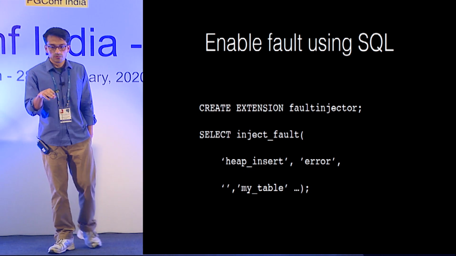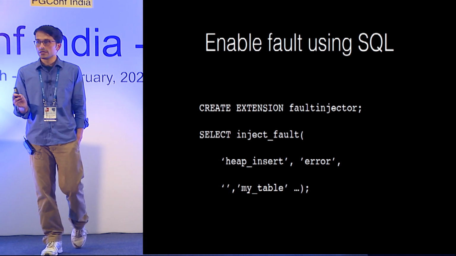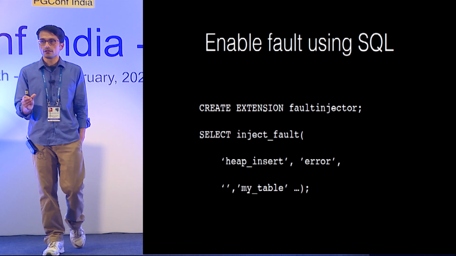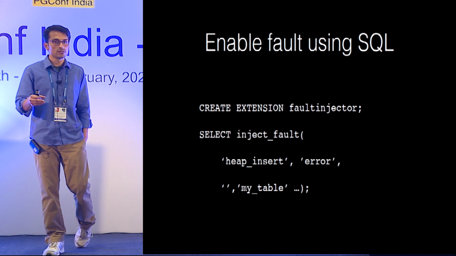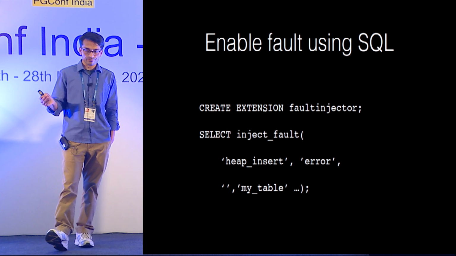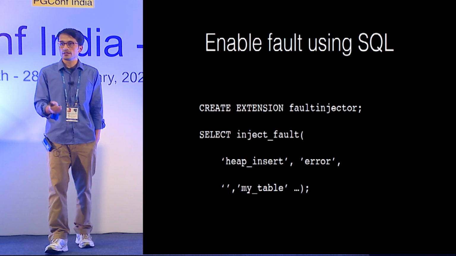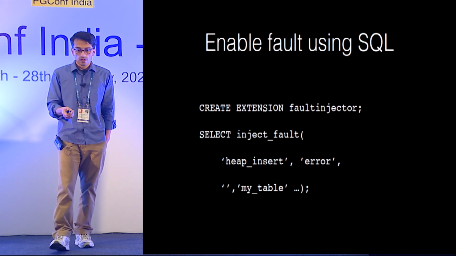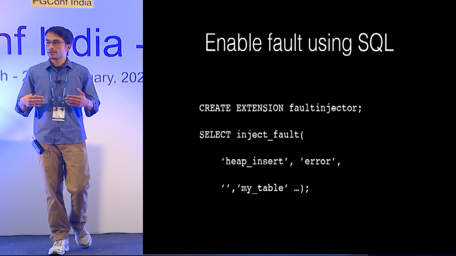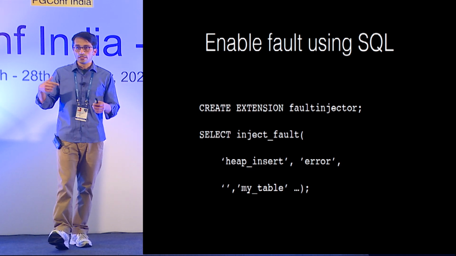Okay. So in this case, the error argument indicates that the action taken after this fault is hit would be to abort the transaction with elog error. And the last argument, my table, that's the table name, and that's where the fault triggering can be even more qualified for a subsequent insert.